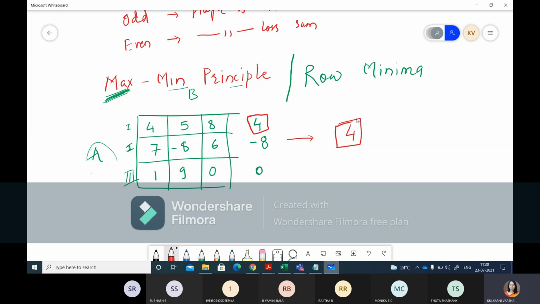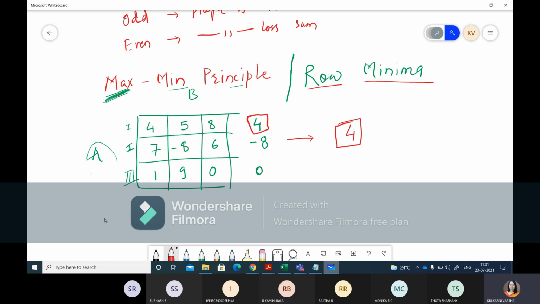It is saying that player A always tries to select the maximum out of the minimum gains. Even if he is losing everywhere, from all those losses he will try to maximize the gain. From each row we find the minimum number, and from those values we find the maximum number. That is called row minima, because we have to use this terminology further in the examples.